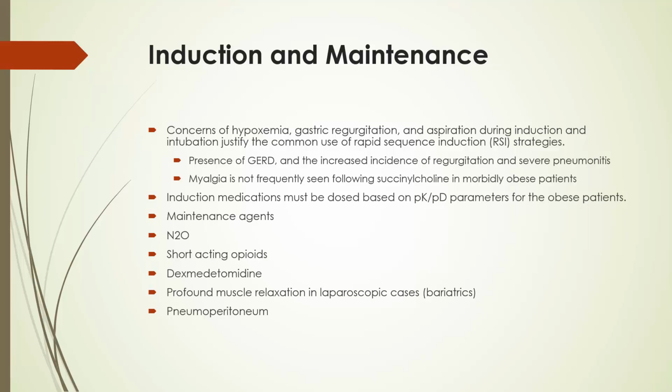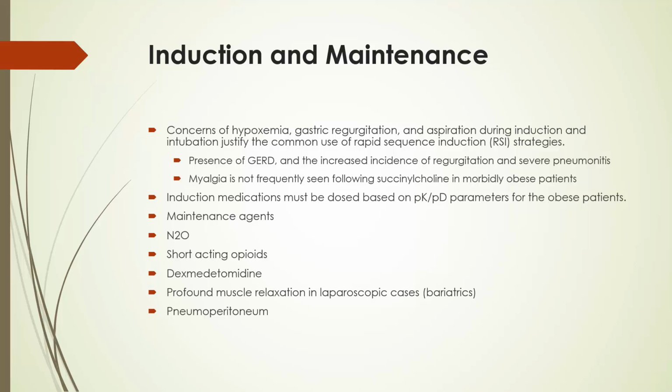The use of nitrous, despite its rapid elimination and analgesic properties, is limited because of the high oxygen demands in this patient population. Short-acting opioids are preferred in obese patients to provide adequate analgesia but avoid post-op respiratory depression. Remifentanil and fentanyl, carefully titrated to clinical effects, are the most common choices.